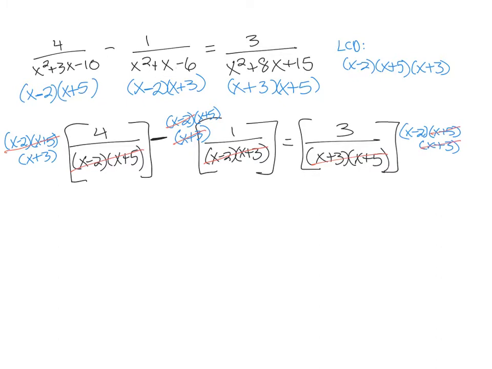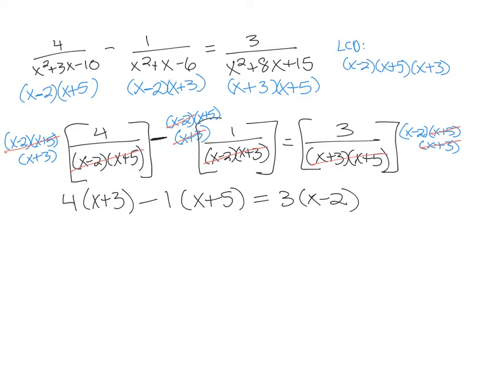And then you can just write down what's left, what doesn't get canceled. So I have the 4 that was there and the x plus 3 that was not in my denominator. I have a minus sign, a 1, and an x plus 5 that wasn't in my denominator. And I have a 3 and an x minus 2, which wasn't originally in my denominator.